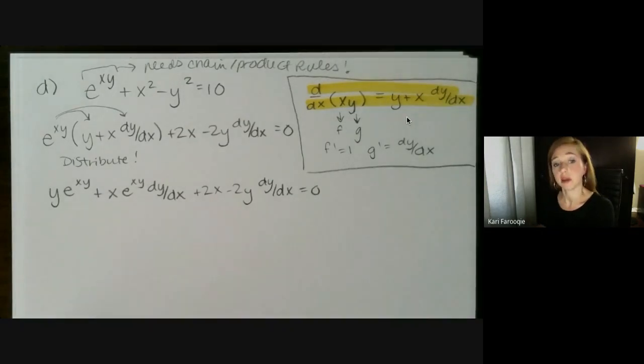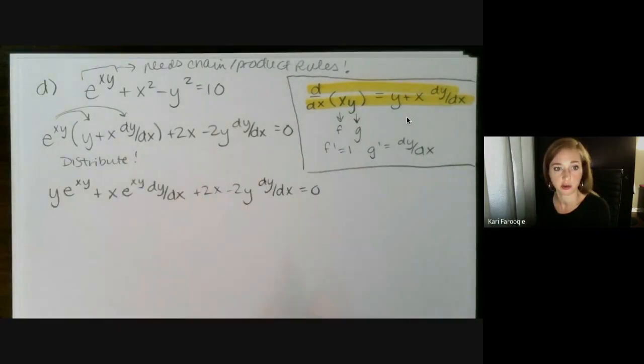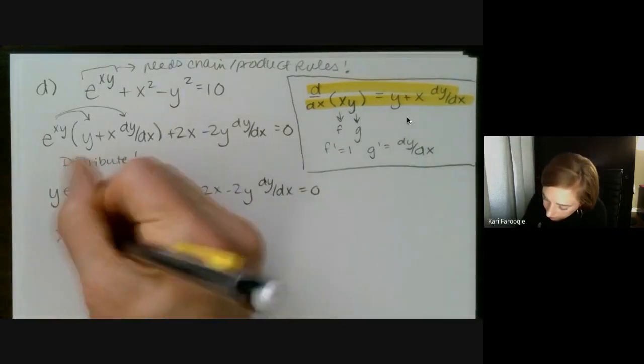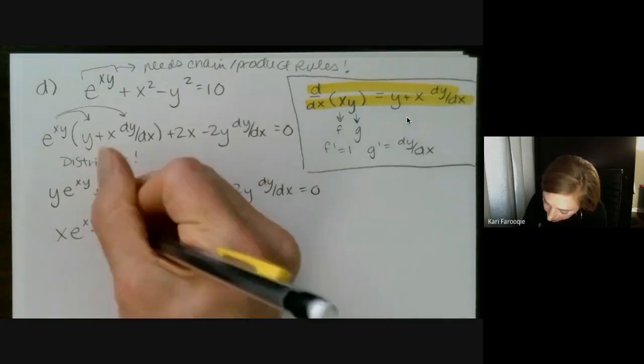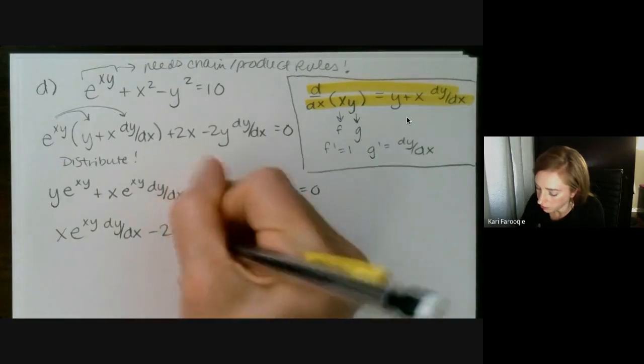Okay. Now, once you're here, this is the easy part. You've already done the hard part. Really, the hard part was just this first line, taking the derivative. Now you're just solving for dy dx. I'm probably just going to leave them on the left. If you want to move yours to the right, fine. Does not matter to me.